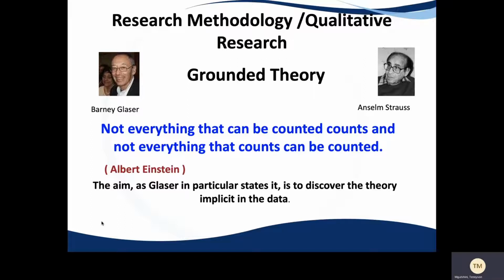Right, so the next tradition that we should speak about is grounded theory. This grounded theory is a very dynamic type of tradition in qualitative research because it has been changed over the progression of time, and it continues to expand. It continues to question itself.